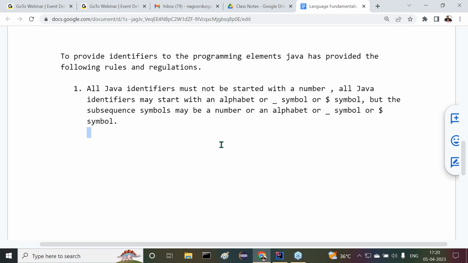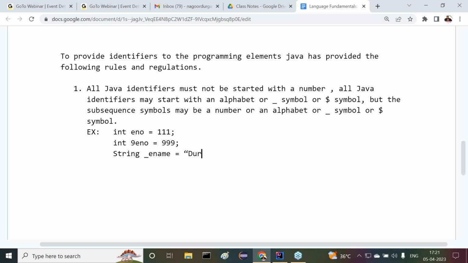Some examples here I'm telling to you, now try to understand clearly. Here we are going to check valid or invalid cases only. Say for example, int ENO is equal to 111. All right, int 9ENO is equal to 999. Observe carefully. String underscore ename is equal to Durga. Float dollar ESL is equal to 5000.0f.